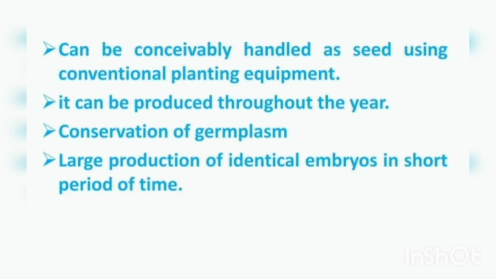We have already discussed that synthetic seed production is used for plants which do not produce viable seeds. So those plants can be easily propagated by these artificial seeds. I hope you understood this section. If you have any doubts, please feel free to ask.